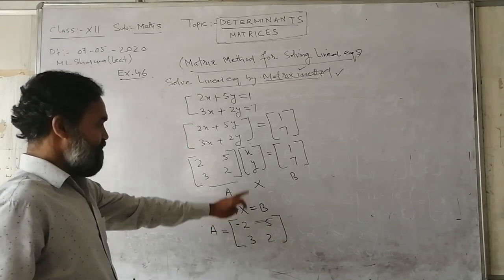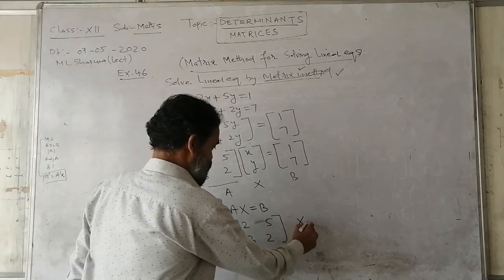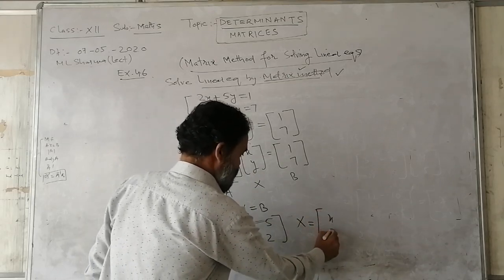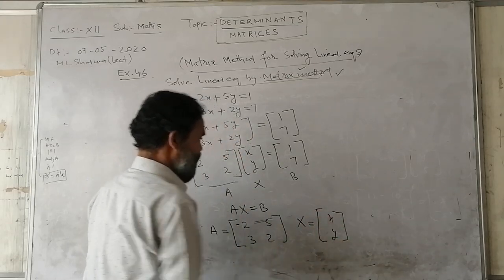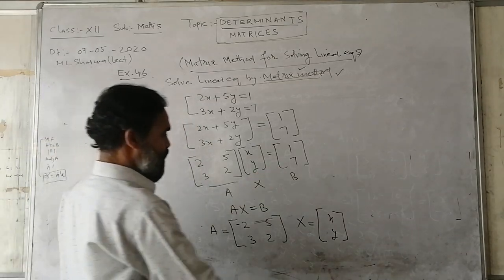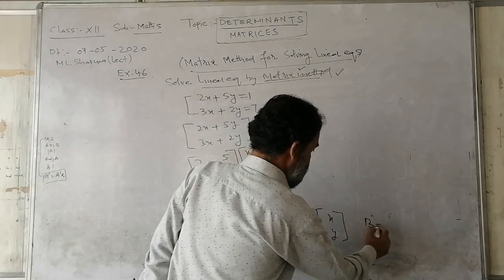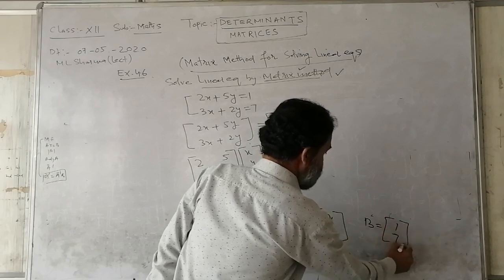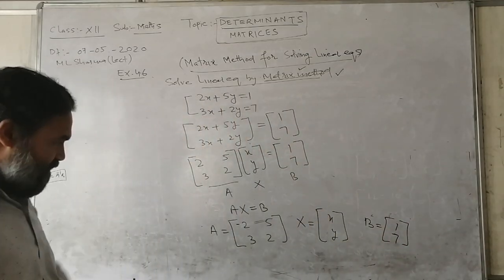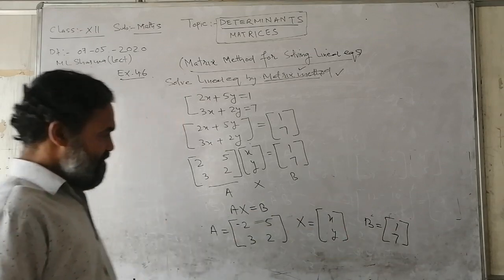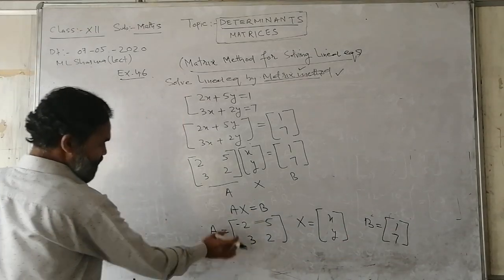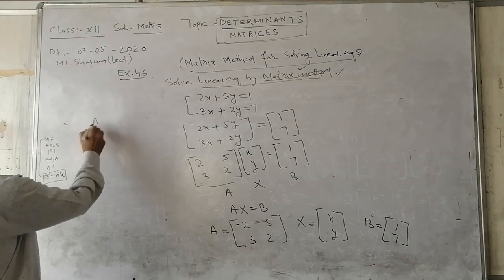The value of X is x, y, and this is matrix B. So these are the three matrices.